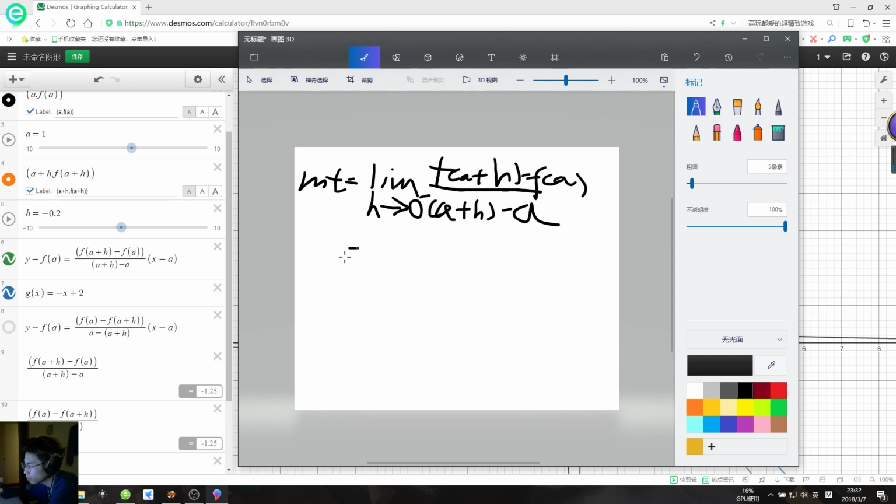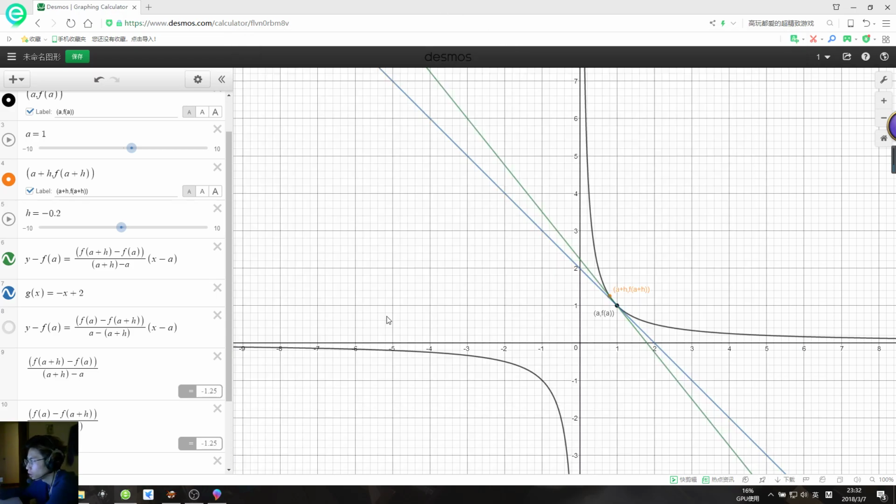So I can simplify it into the limit as h approaches 0 from the preceding interval. And here's my formula to calculate the slope of the tangent.